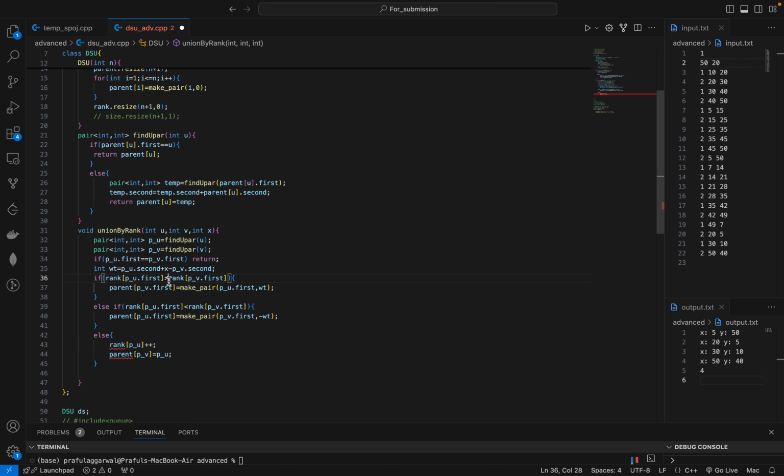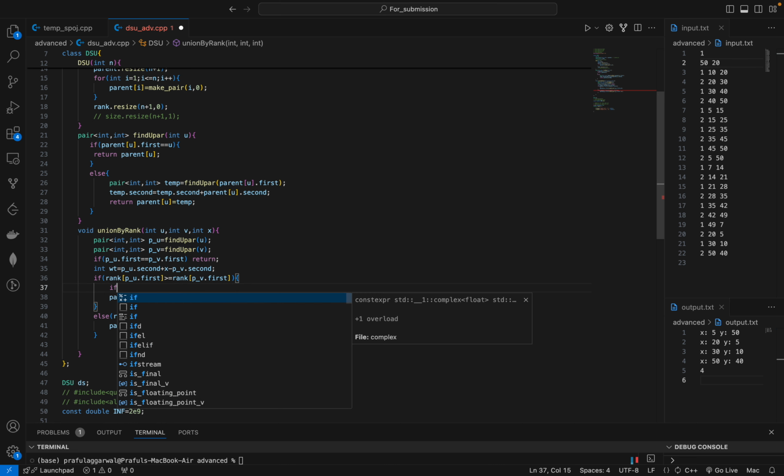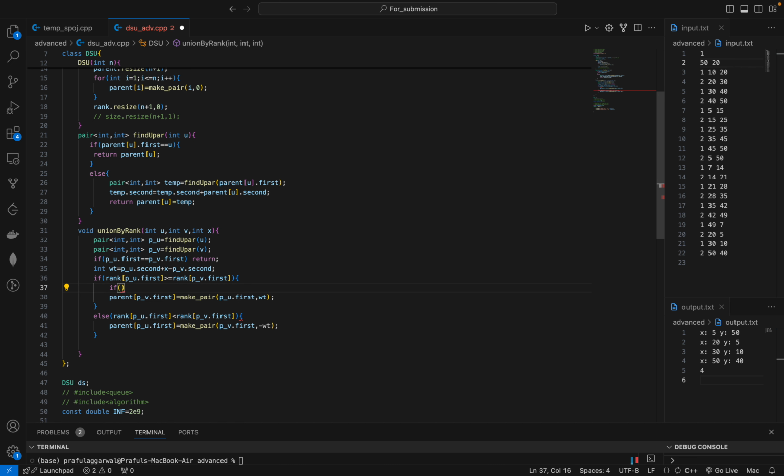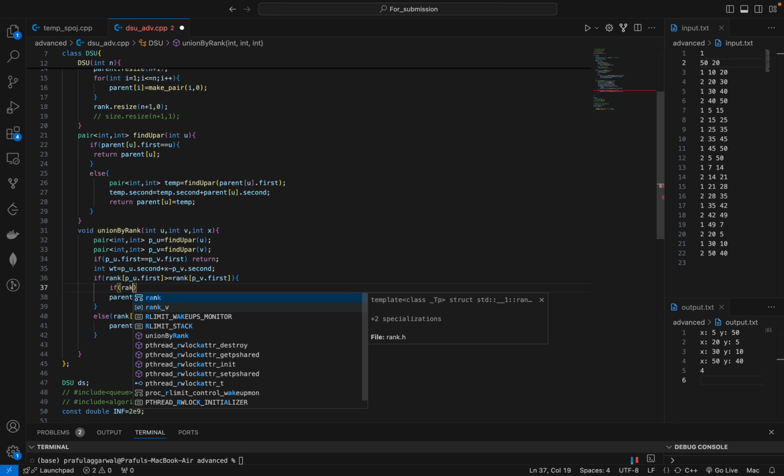And in case the ranks are equal, we can do this only. In case of equal, we just need to make sure we increase the rank of whichever one we are merging into. So here we are merging into u, so we should increase the rank of u.